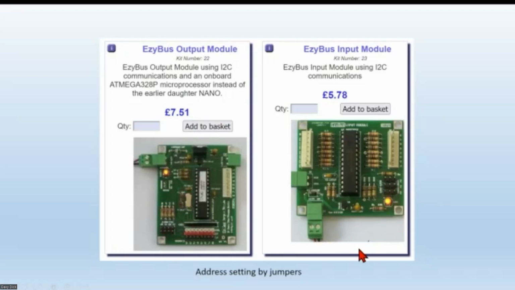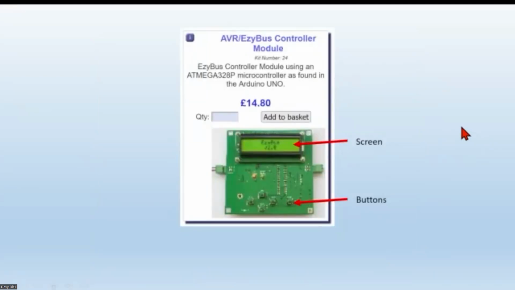So it's simpler. The controller, £15, has got a screen and a set of buttons which lets you configure your system. So it's all done from the screen and buttons. How?